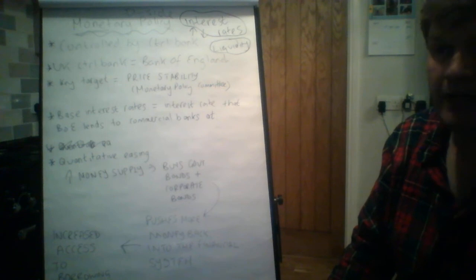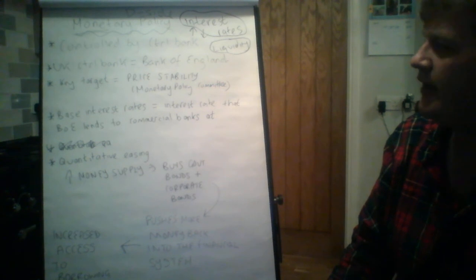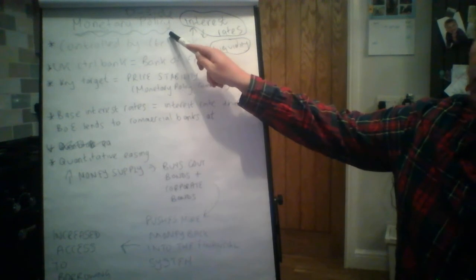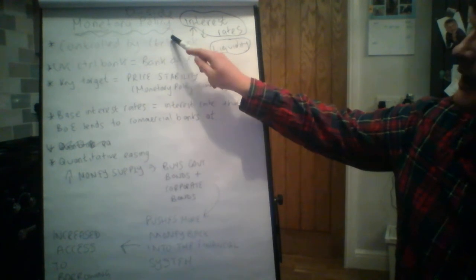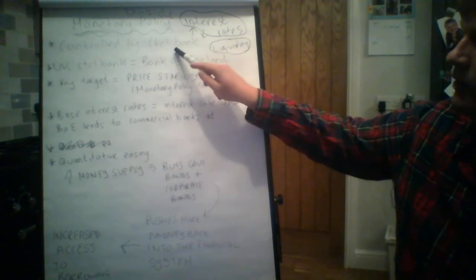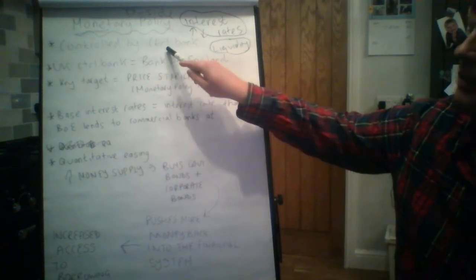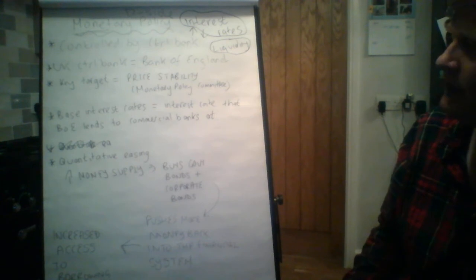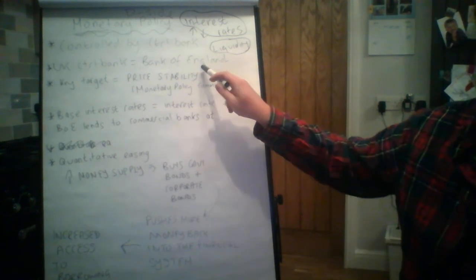Now, a central bank, if you like, is the bank within your economy that's responsible for lending to banks across the country. They can often manage the government's finances. They will issue notes and currency and manage the money supply across our economy. So in the UK, our central bank is the Bank of England.